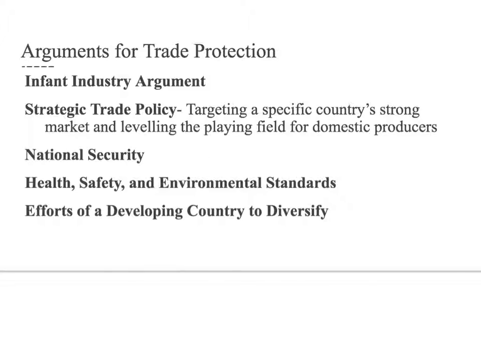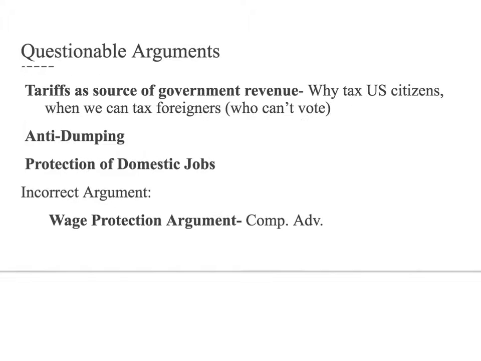Especially in the Caribbean, there are countries that focus so much on tourism that they don't diversify, and most of their eggs are in that one basket. When a natural disaster strikes, say a hurricane or tsunami, their entire economy is devastated because everything is built around one industry. So a country may put up trade protections to allow infant industries to develop and the country's economy to diversify.